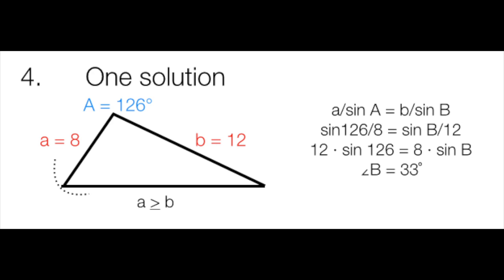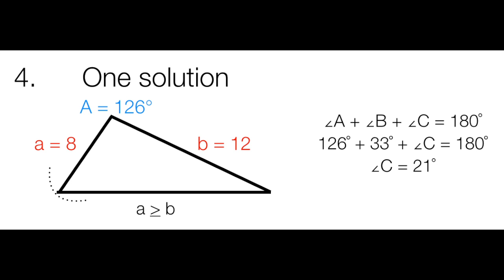We then cross multiply, turning the equation into 12 times sine 126 equals 8 times sine b. Then we divide both sides by 8 to get the sine of b alone. The answer turns out to be b equals 33 degrees.